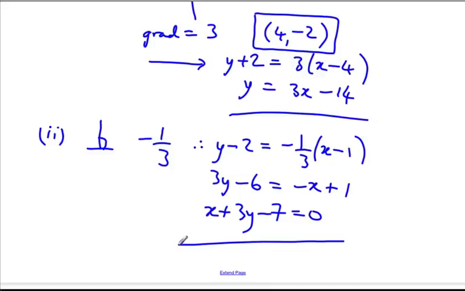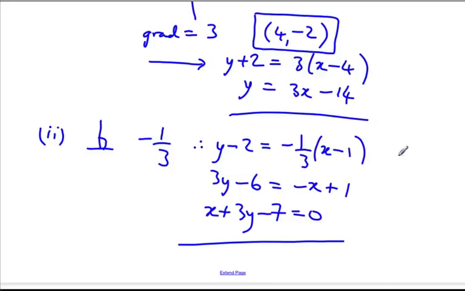You only need 1 point though, don't you? 1 point, yeah. So how come the y's got 3y? Because I've multiplied everything by 3. So even the y gets it. Everything, yeah, you bet. What's the minus 1 when you multiply everything by 3? Sorry? Stays there, doesn't it? Why does it? This step here. Which minus 1? That one?